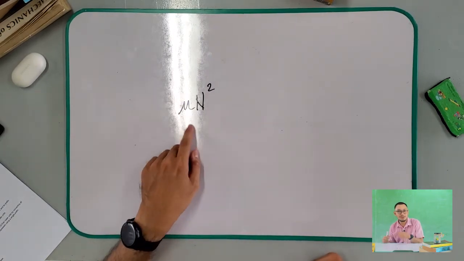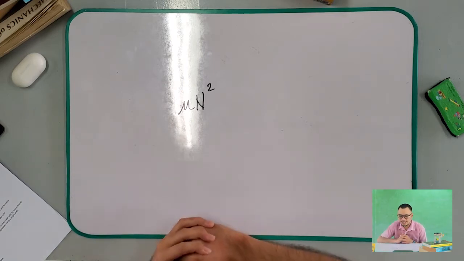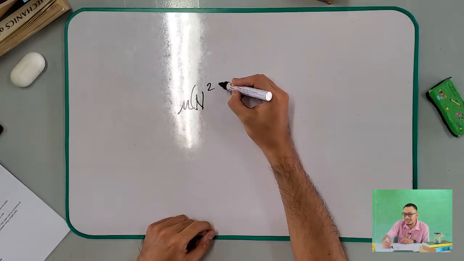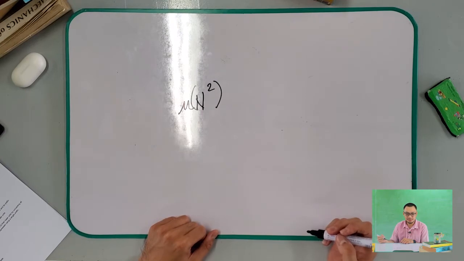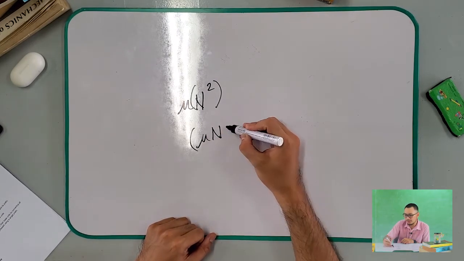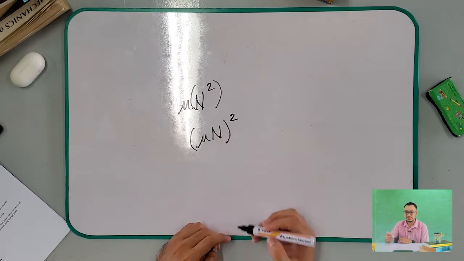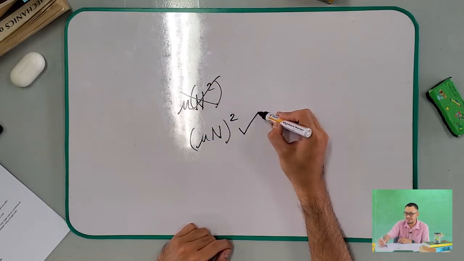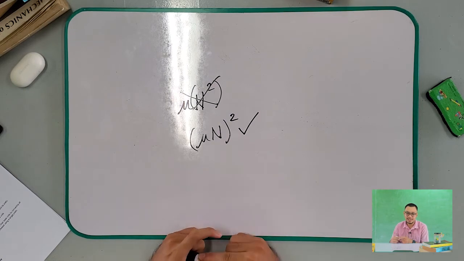If you have micronewton squared, it is not only the newton that is squared. Take note, what is squared is the micronewton itself. This is wrong and this is correct. So that is how to apply a prefix when you are dealing with exponents.